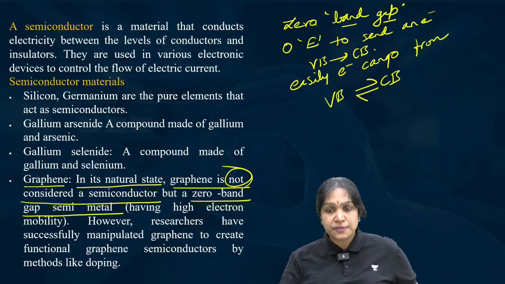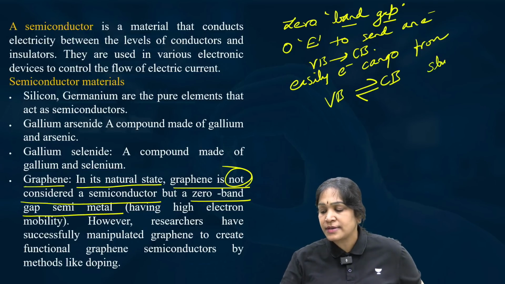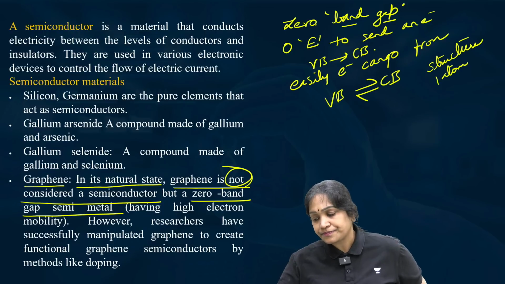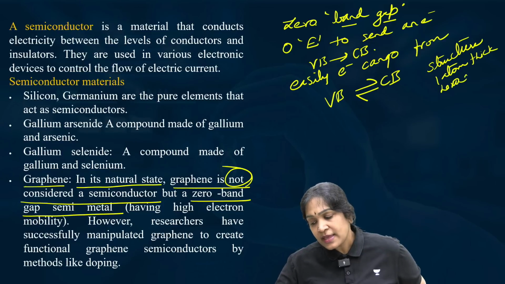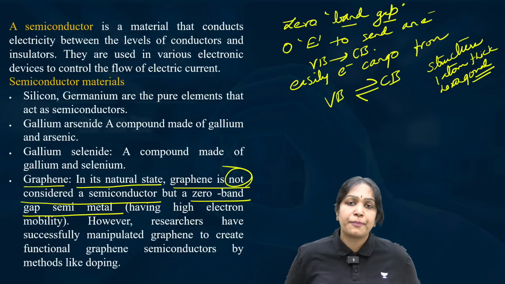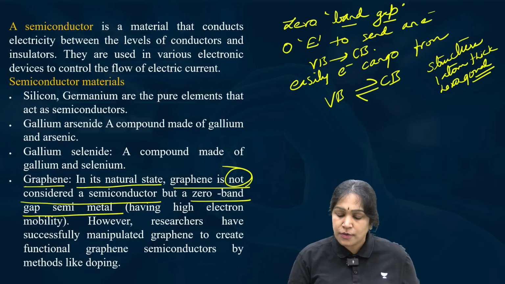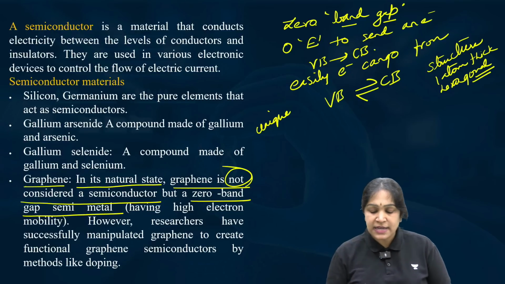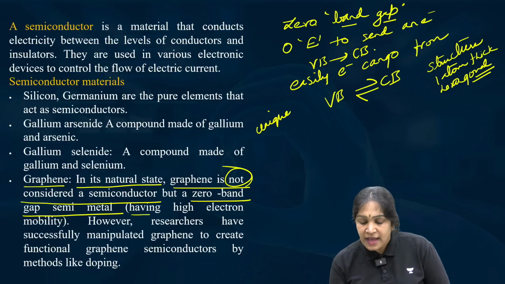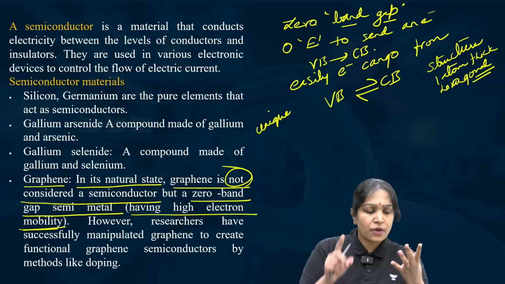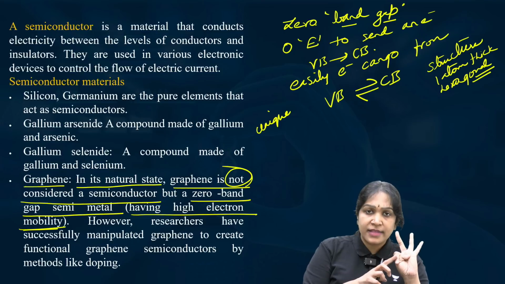This property is because of its structure. That one atom thick, hexagonal structure has given this zero band gap property to graphene. That is a unique property of graphene. Is it clear? So therefore, having high electron mobility, electrons can freely, I repeat, go between the low energy level and the high energy level.